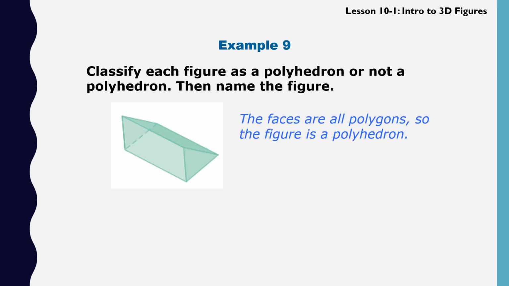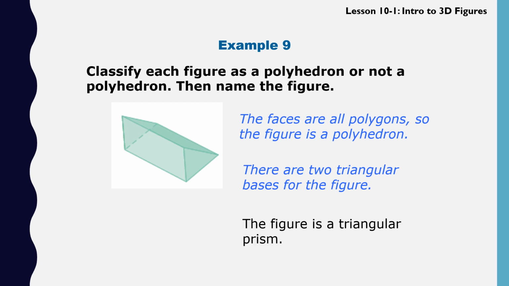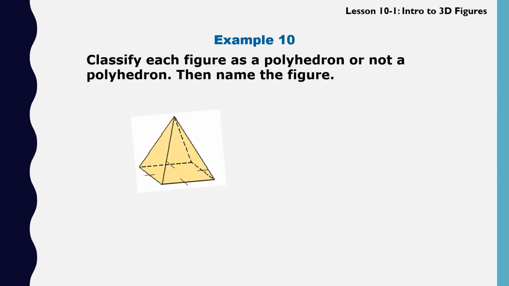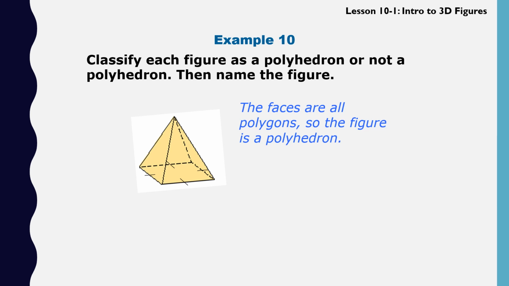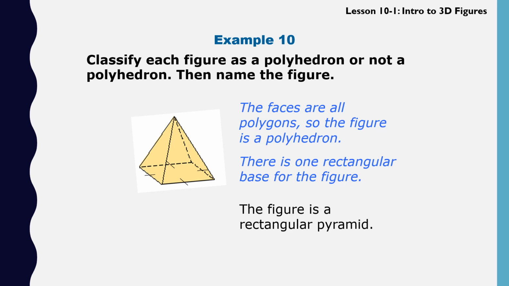The faces are all polygons, so this figure is a polyhedron. There are two triangular bases for the figure. Because of this, we know this figure is a triangular prism. Last one, polyhedron or not? The faces are all polygons, so this figure definitely is a polyhedron. It has one rectangular base and faces that are triangles. So we know this figure is a rectangular pyramid.